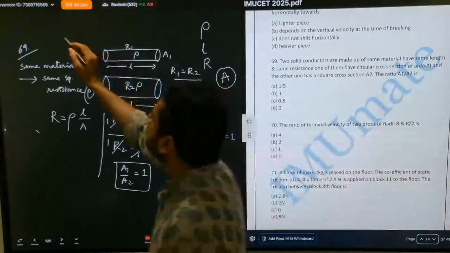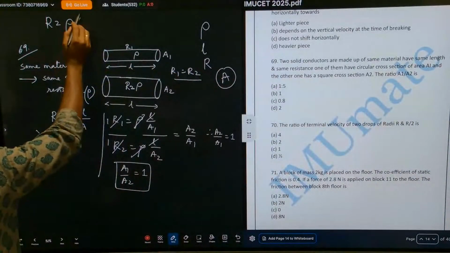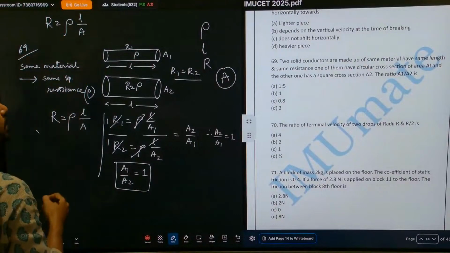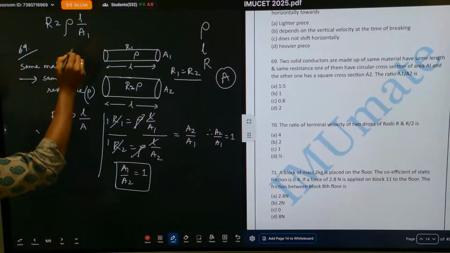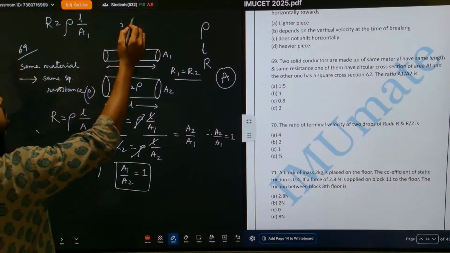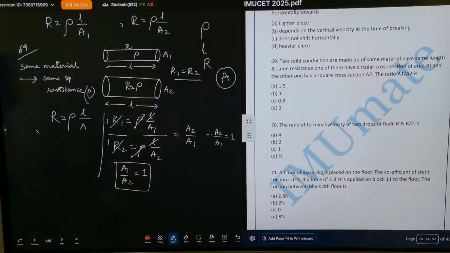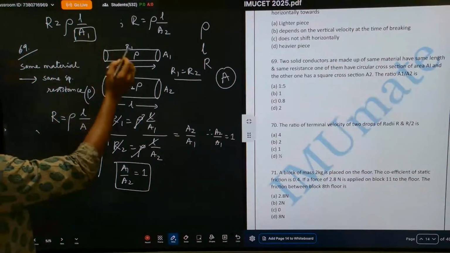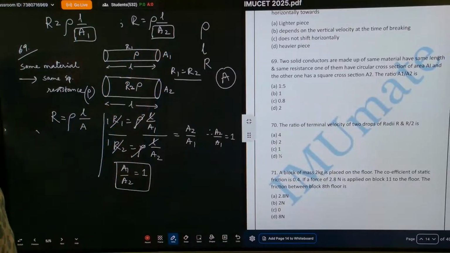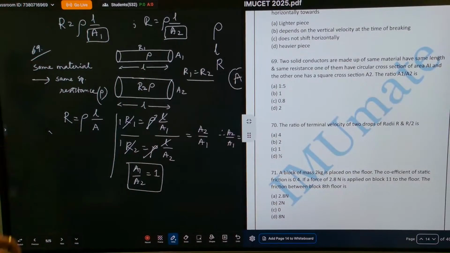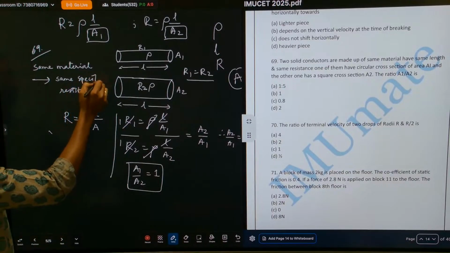R equals rho into L by A. This is A1, let's say. And in the second case, R equals rho into L by A2. Look at this. Resistances are the same, material same, rho same, length same. So which quantities should be the same? A1 and A2 should also be the same. Same specific resistance.